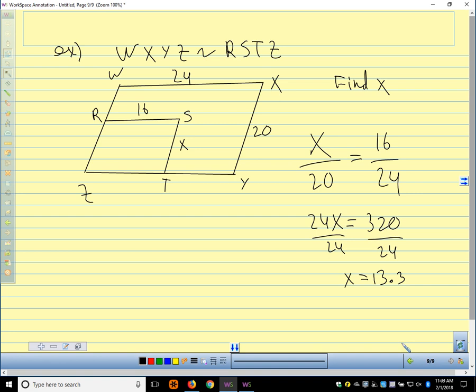If you're solving for a shorter side and you get something bigger than the thing you're comparing it with, then you've made a mistake somehow. You might have set up your proportion wrong, or made some kind of arithmetic error. That's a way you can check to make sure your answer makes sense. All right, questions there?